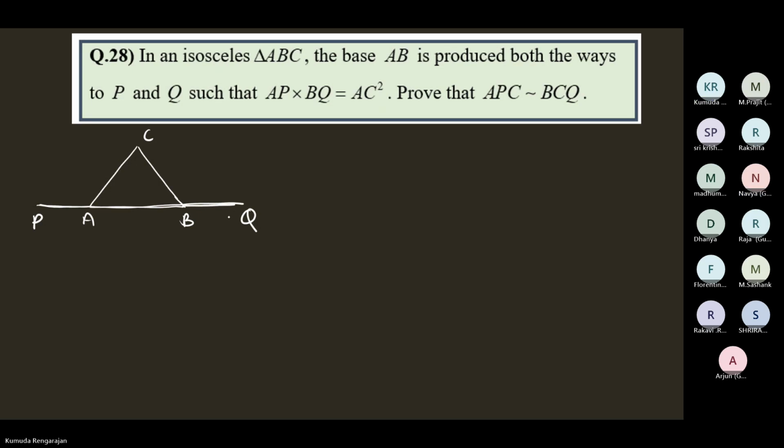Prove that triangle APC is similar to BCQ.